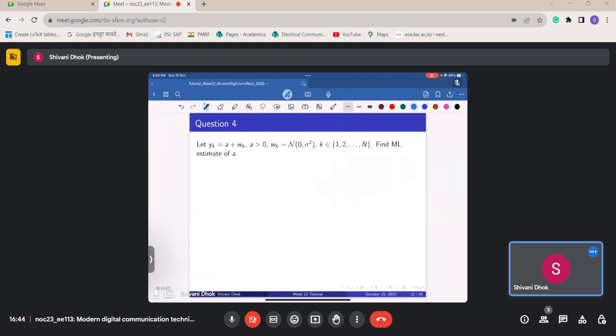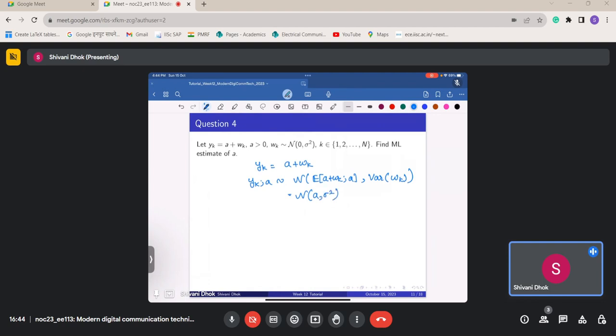We have yk equal to a plus wk, and given a, your yk will be Gaussian with mean expectation of a plus wk given a, and variance of wk, since a is constant. So this is basically Gaussian with mean a and variance sigma square.